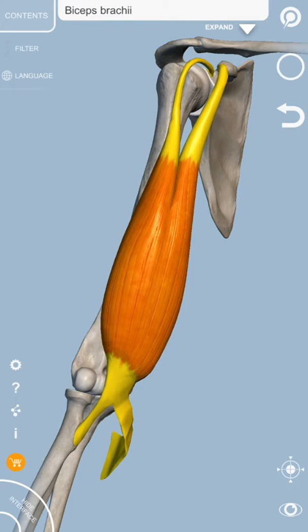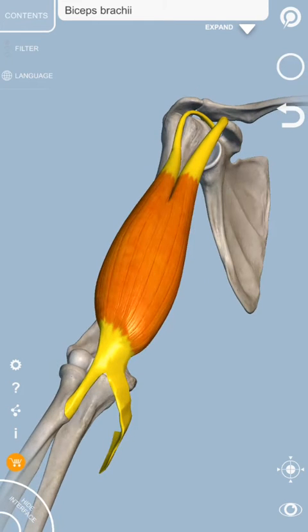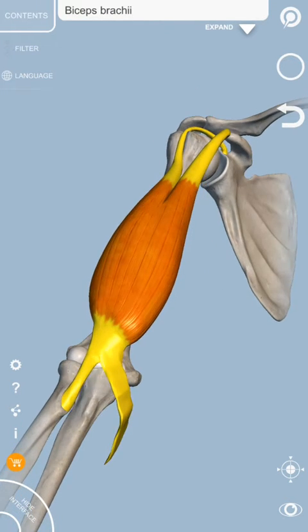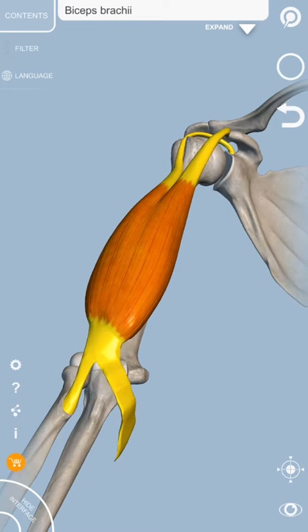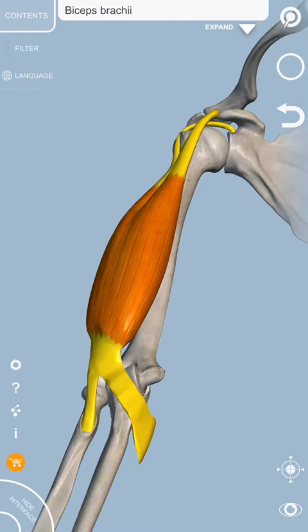Then these two heads unite together to form a fusiform belly of the muscle, and this muscle gets inserted into the radial tuberosity. Here we can see the radial tuberosity, and then another part which is called the aponeurosis, and this aponeurosis merges with the deep fascia of the forearm.